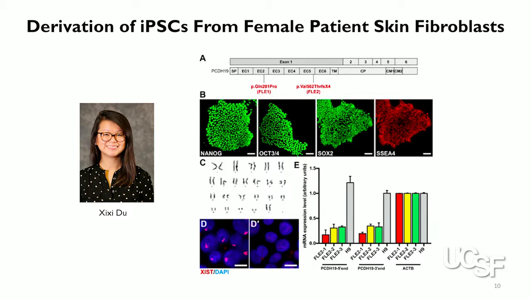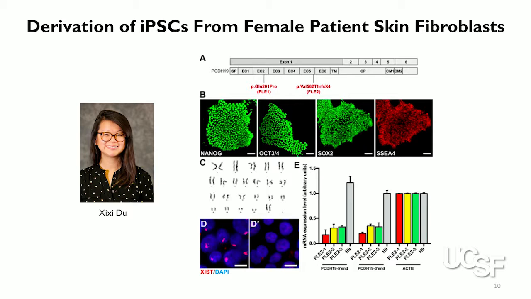One has a missense mutation in the critical domain of exon 1, and the second has a 15 base pair deletion mutation. Panel B shows these reprogrammed pluripotent stem cells properly express the pluripotency genes, which is important for them to be differentiated into the cell types we would like to use to model PCDH19 FLE later on.